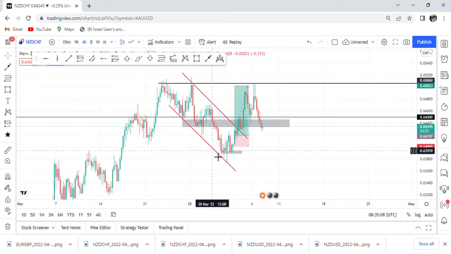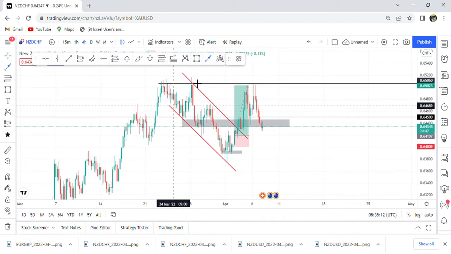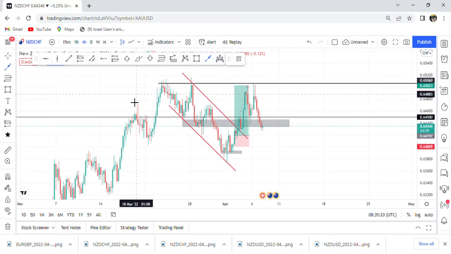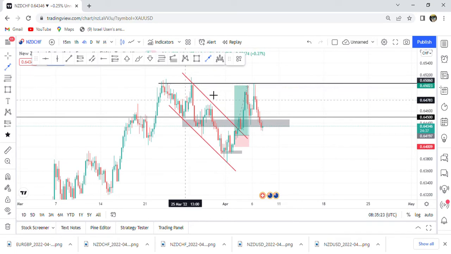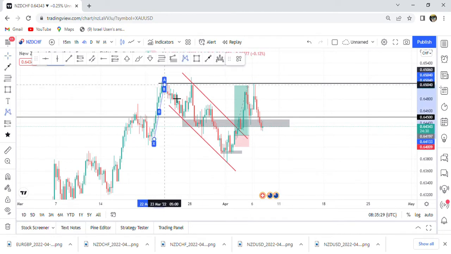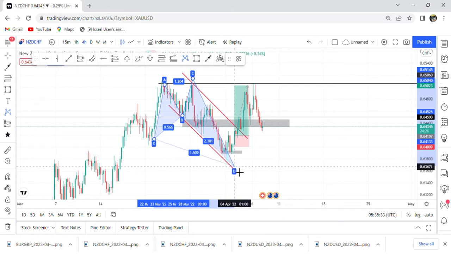Previously we were making higher highs, higher lows. That's what price was giving us at that point. But at this point here, there was a kind of double top formation, where price gave us the flag pattern to the downside.